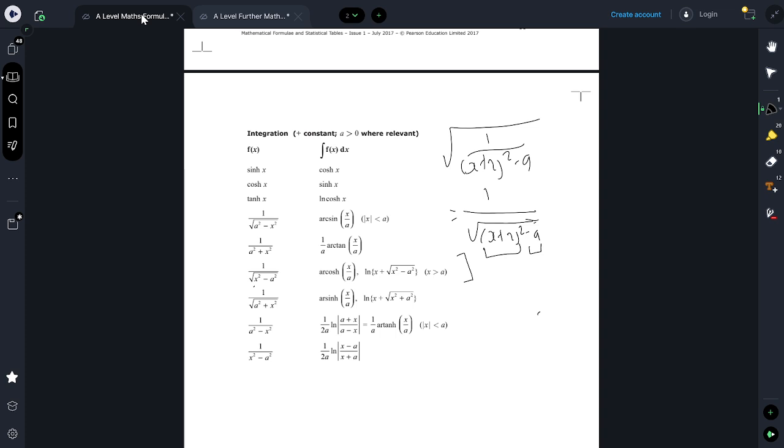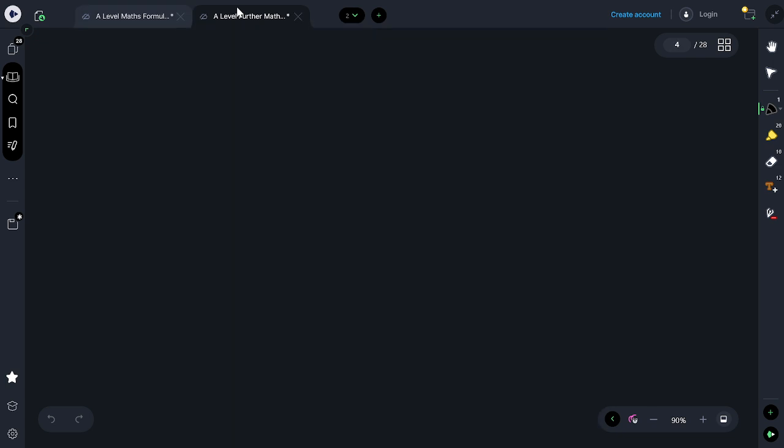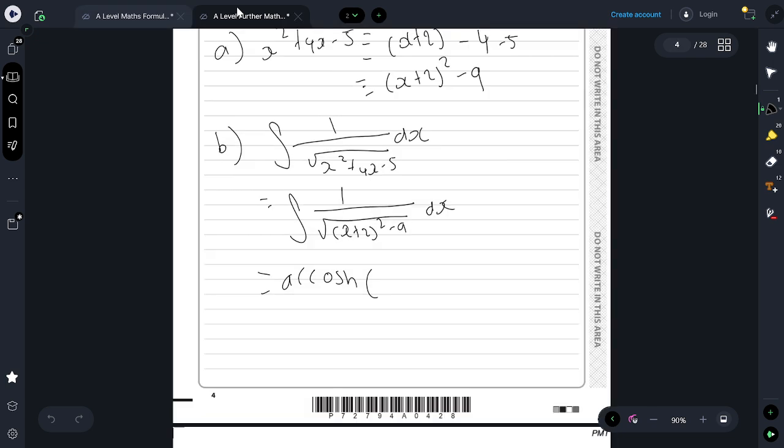So x squared minus a squared, arcosh of x over a, which is alternatively this. Okay, so that's going to be arcosh of x plus 2 over 3. Yep. Cool. Plus c. Okay, so that's just using a standard formula book. Quite nice.